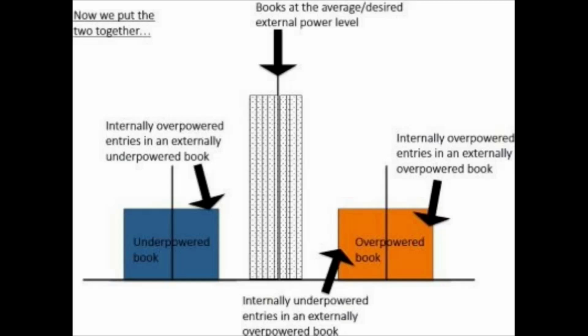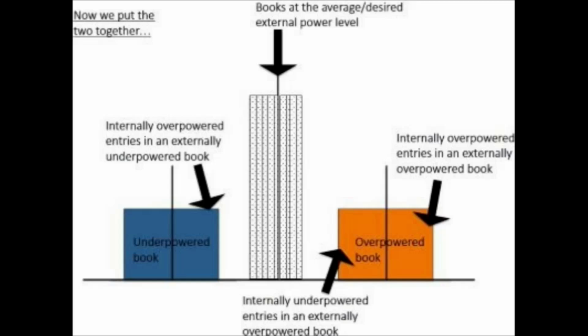And we've got entries which are the least bang for the buck, the least cost or point efficient entries. So an underpowered book can have internally underpowered entries, in comparison to the other entries of that book.